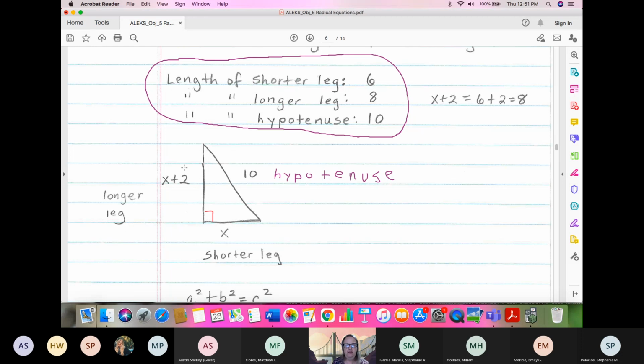So this is called a leg on this side, and this is called a leg on this side. The other side that's not involved in forming this right angle is called the hypotenuse. So this side is the leg, this side's the other leg, and the side opposite the right angle is the hypotenuse.